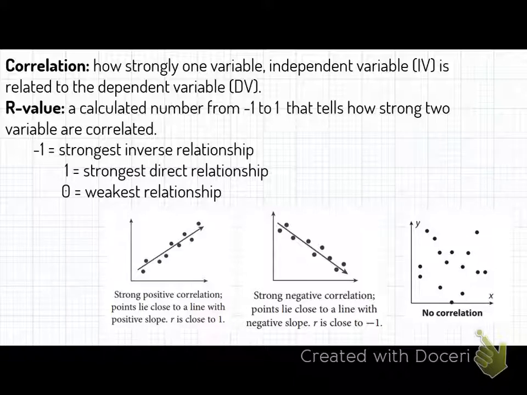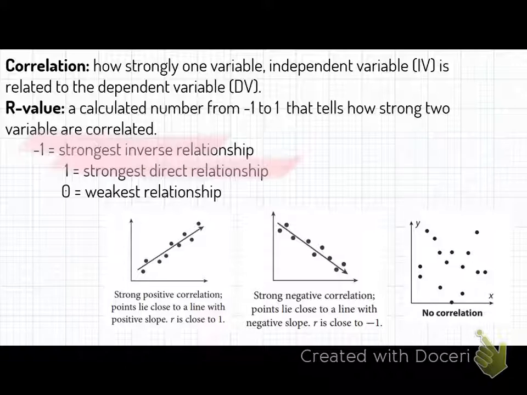What's the number in between -1 and 1? 0, okay? So when our R value is -1, it means there's a really strong negative relationship. Or if it's closer to 1, it's a really strong positive relationship. You see how I'm shaking because it's strong? And when the number gets closer to 0, it's not strong. It's weak. Does that make sense?